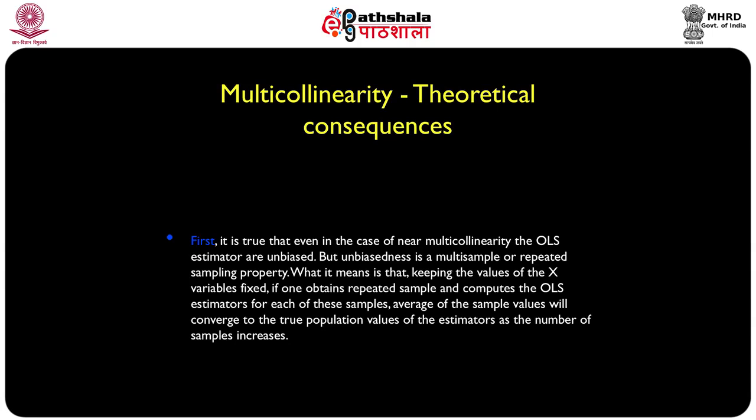What it means is that keeping the value of x variables fixed, if we obtain repeated samples and for each sample we compute the ordinary least square estimates, the average value of the estimates of the parameters obtained for each sample will converge to the true population value of the estimator as the number of samples increases.